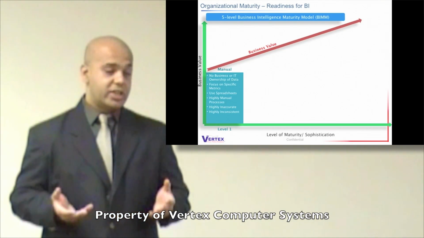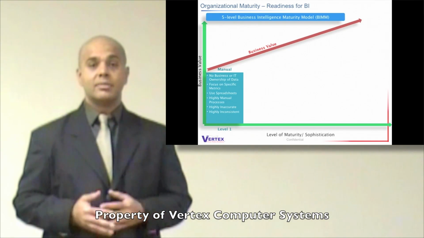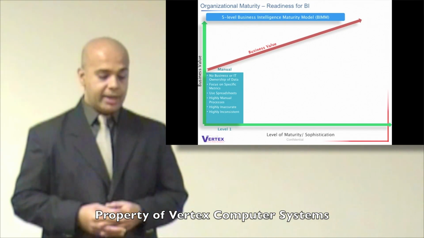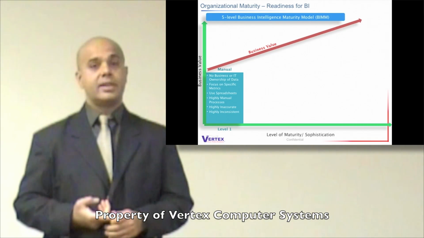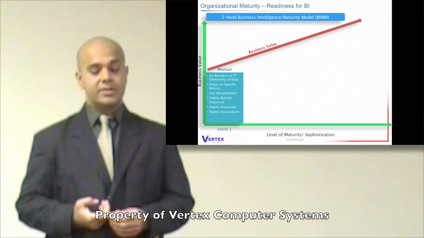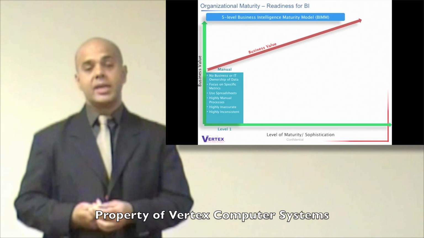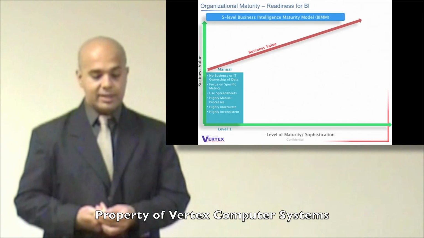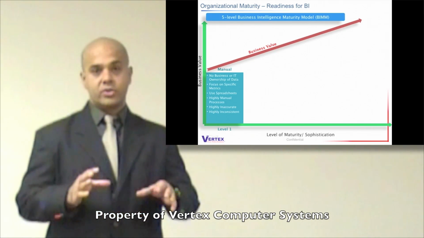Then they use spreadsheets to deliver certain metrics and key performance indicators. And they have no processes defined. It's highly manual. There's no documentation or tracking of the business processes, and this results in a value which is going to be highly inconsistent and not accurate. So this is the lowest level in the maturity model.